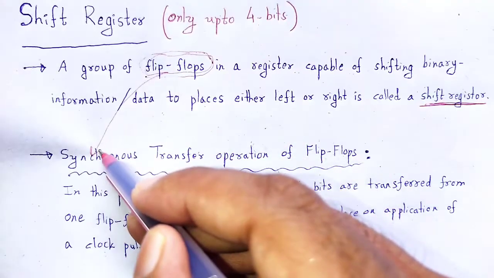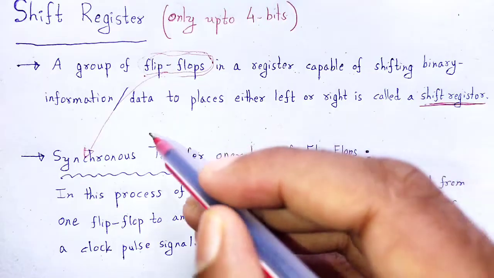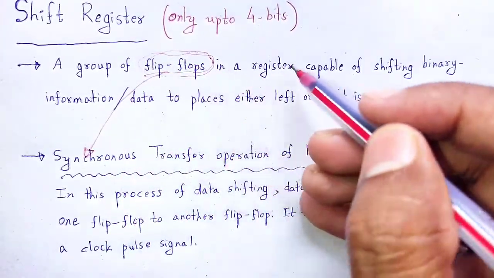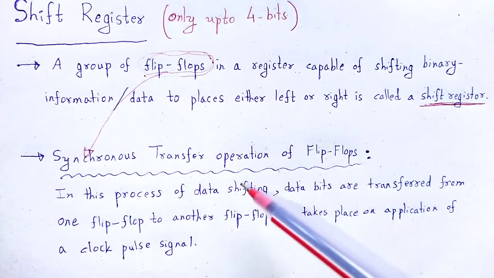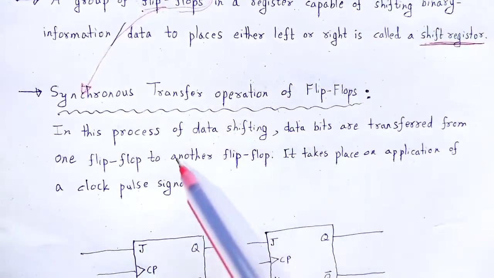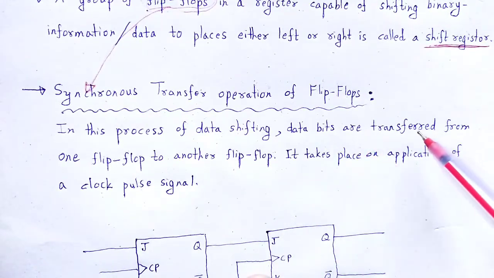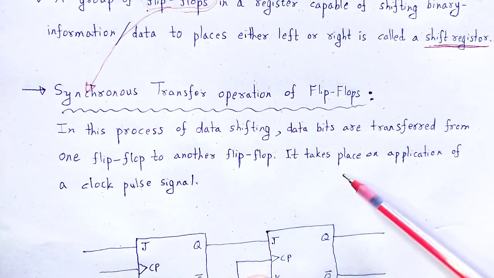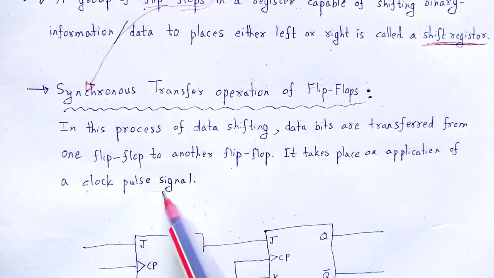For synchronous transfer of data, we use flip-flops in these registers. So what is synchronous transfer of data? In this process of data shifting, data bits are transferred from one flip-flop to another, and it takes place by the application of a clock pulse signal.